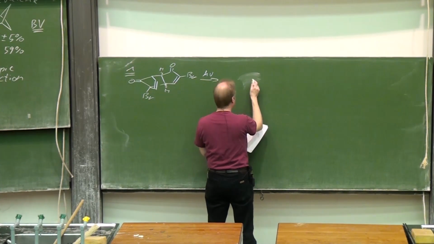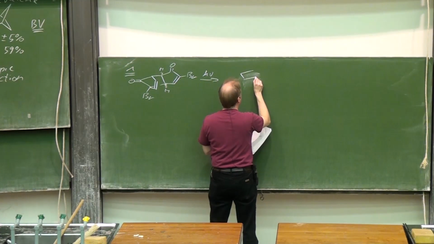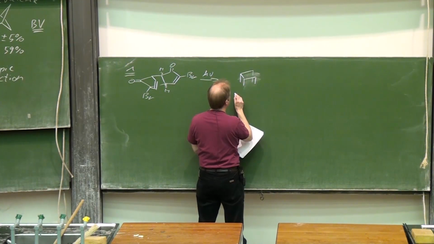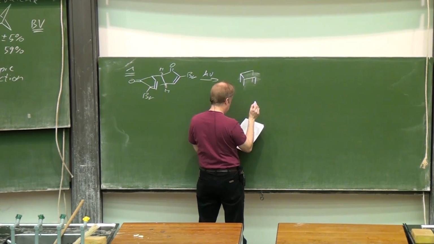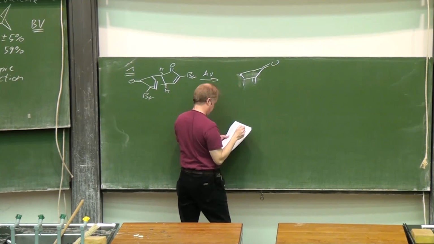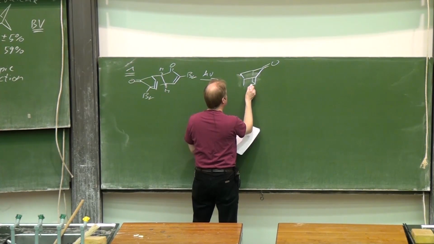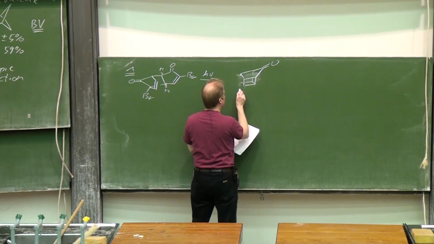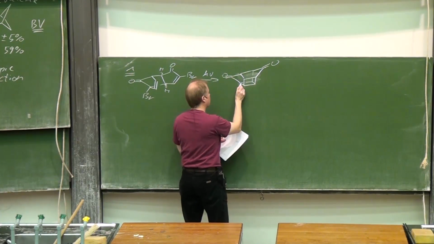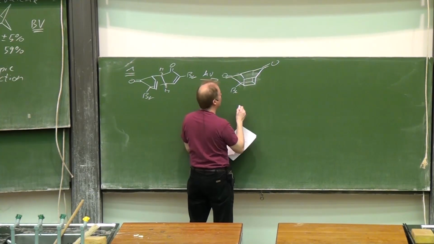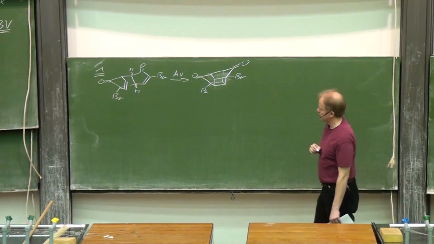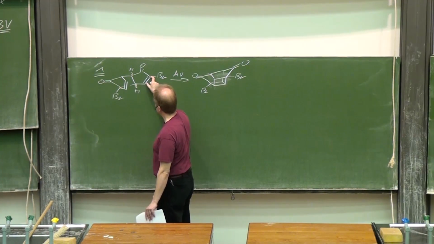Yes, this is the result. Okay. So you see, the cycloaddition process forms a four-membered ring.